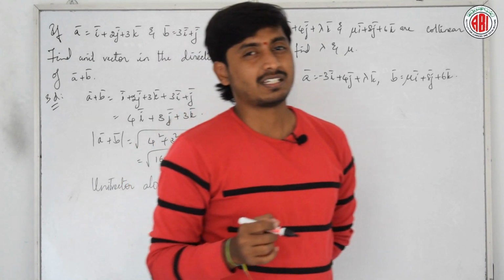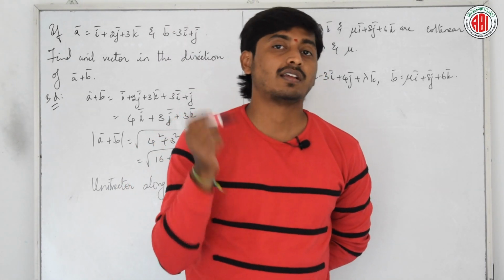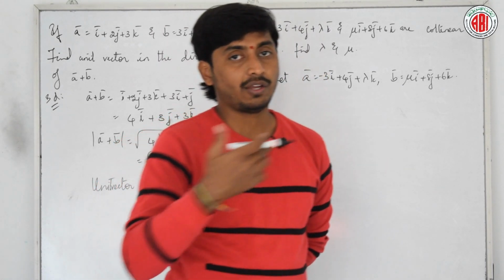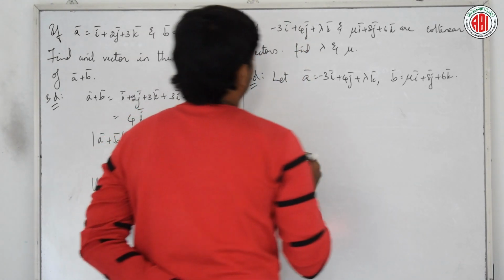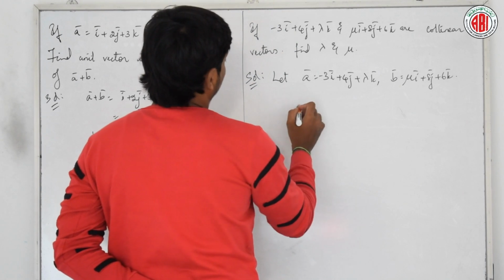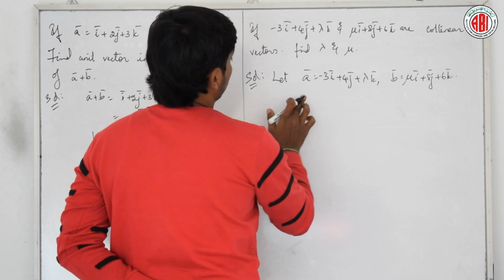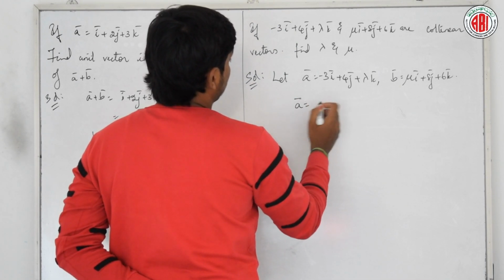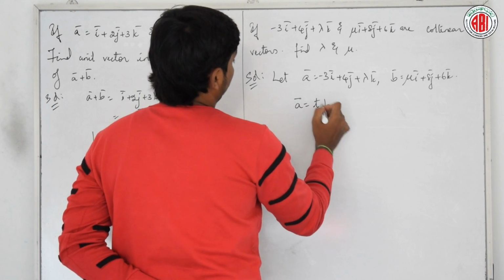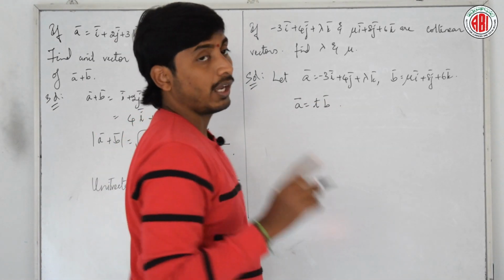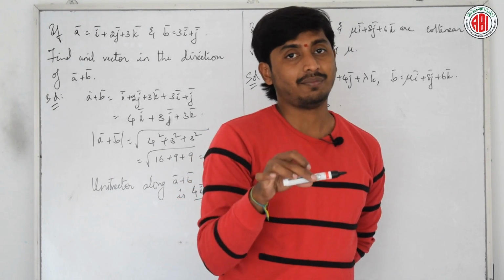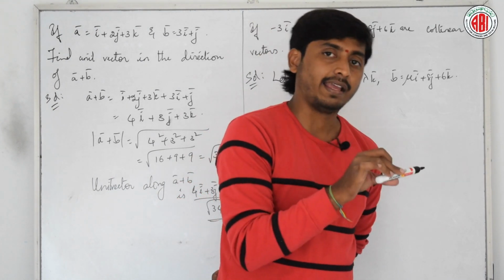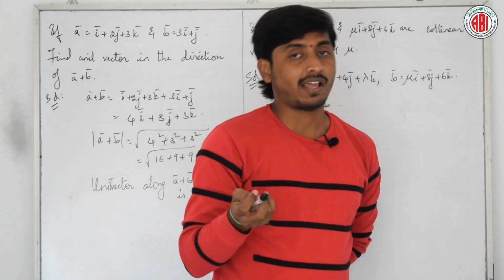Then what do you mean by the term collinear? Collinear means one vector lies on another vector, which means it can be a multiple. That is nothing but I can directly write A is equal to some constant, let us say t, times B bar. Collinear means all lie on the same line, so one can be a multiple of another.